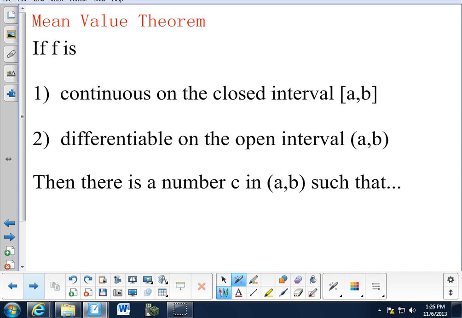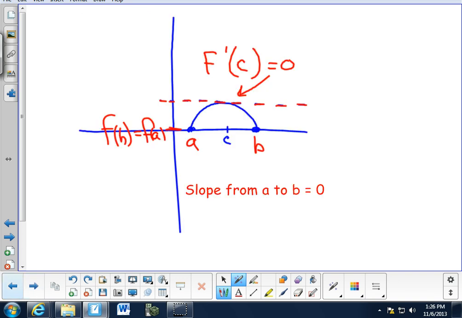Now I'm going to back up just for a second. These are the first two of Rolle's. If you write down Rolle's, you've got them already. Just draw an arrow. Shouldn't have to recopy. I'm going to back up for a second.